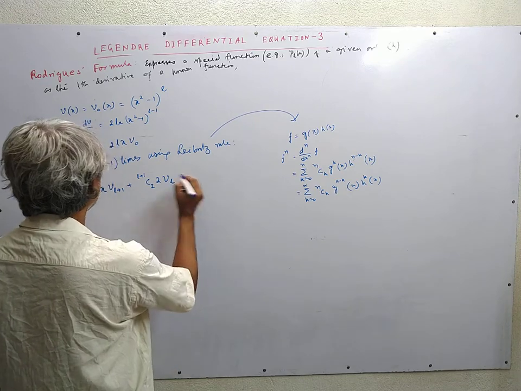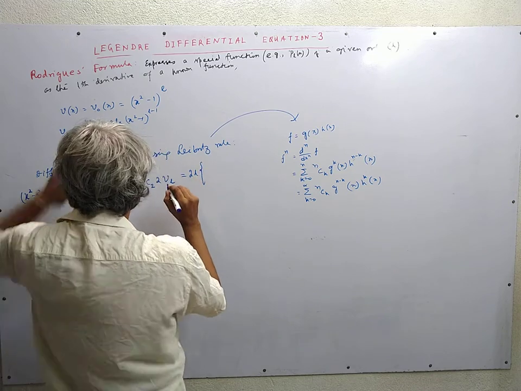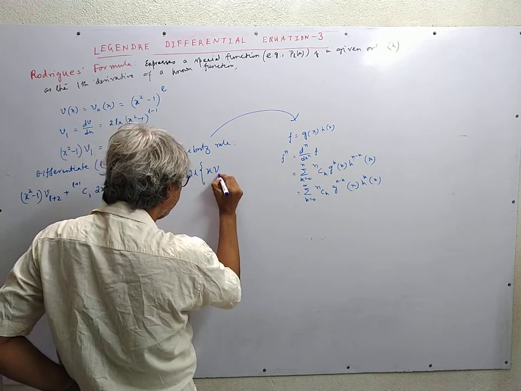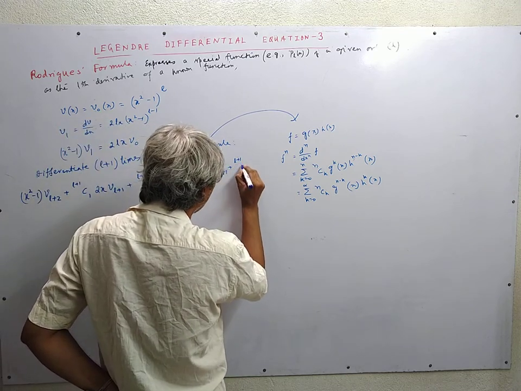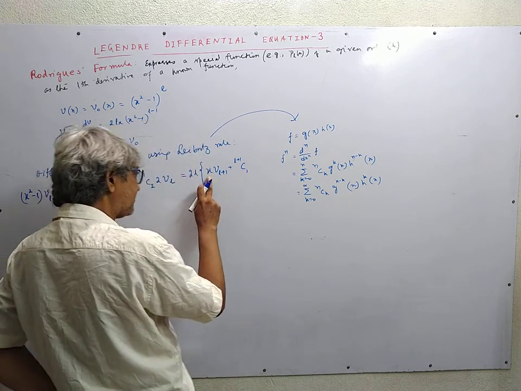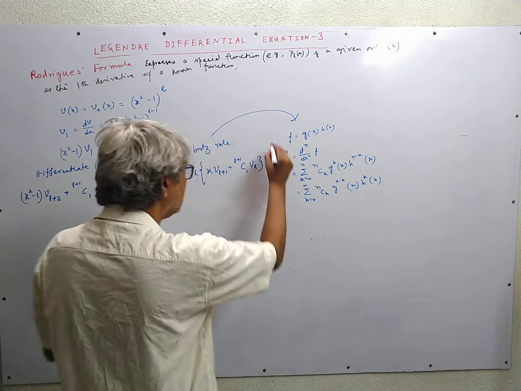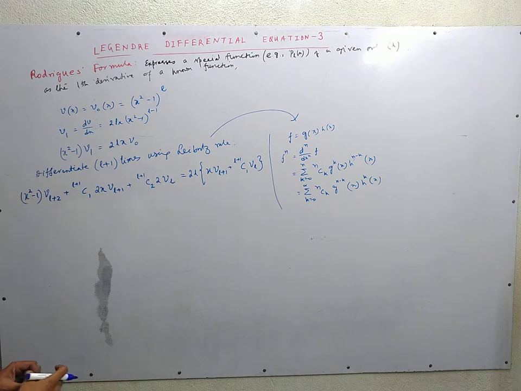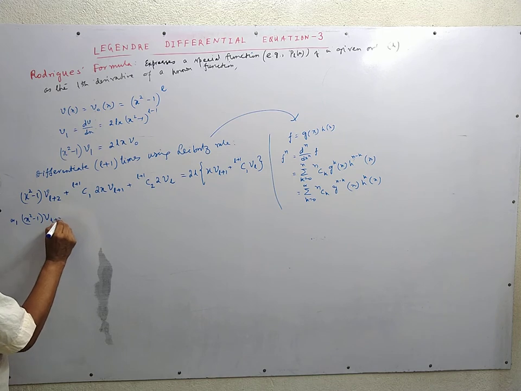Now coming to the right hand side, 2L is taken common. First is x, V of L plus 1, then L plus 1 C1, the derivative of x is 1, and this is VL. All other terms are 0. Now coming to the left side, this is x square minus 1 V of L plus 2.